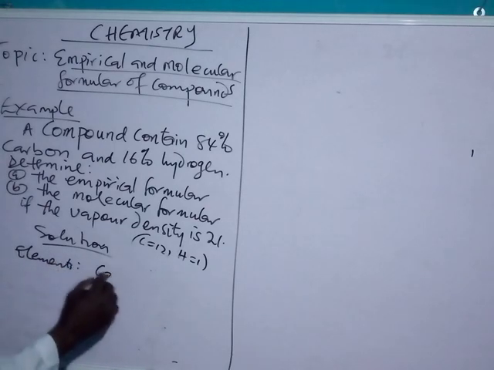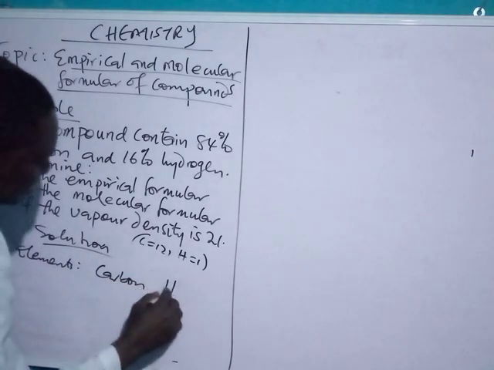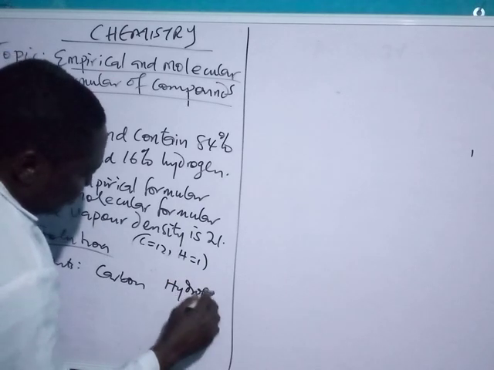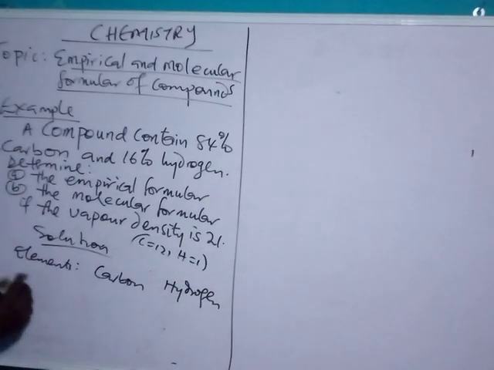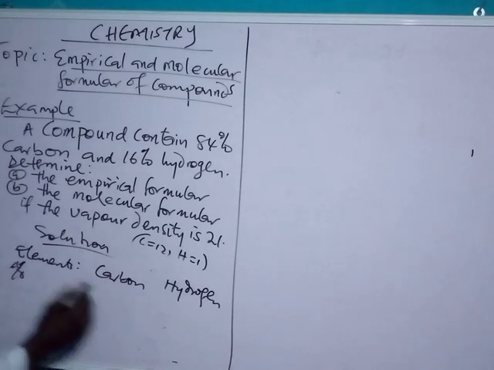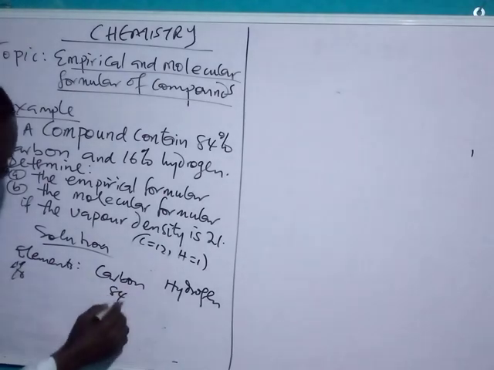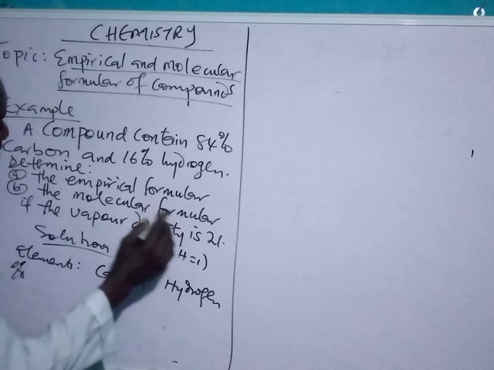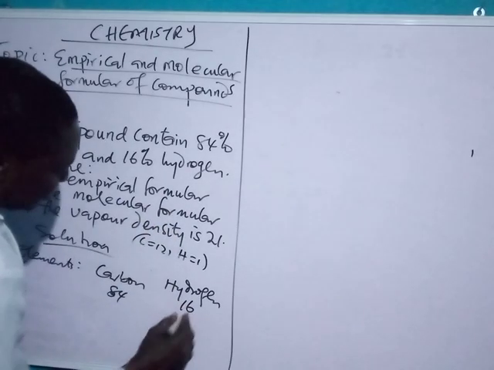You have carbon and you have hydrogen. So you write out their percentage. Carbon is 84% according to the question, while hydrogen is 16%.